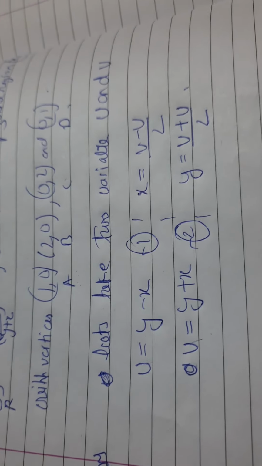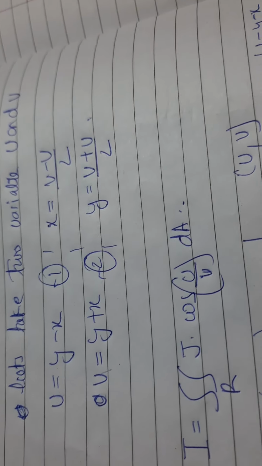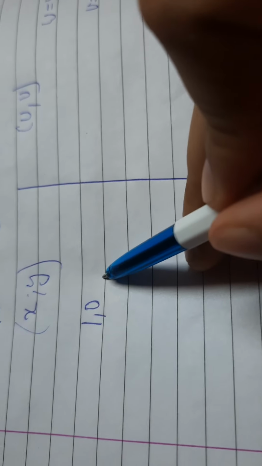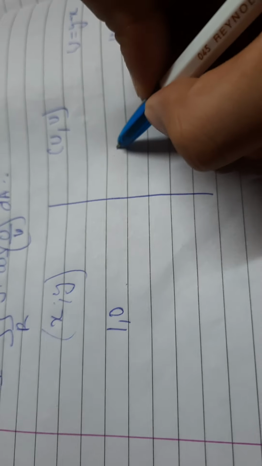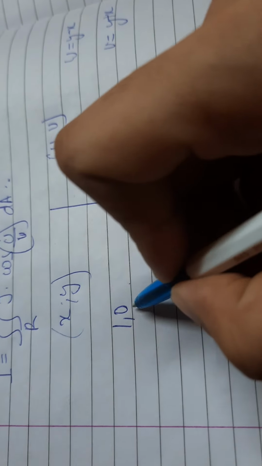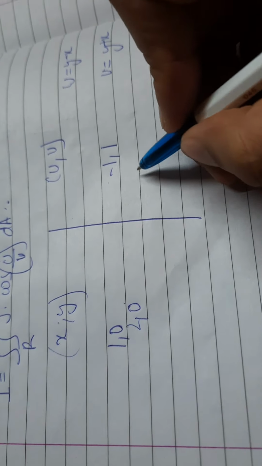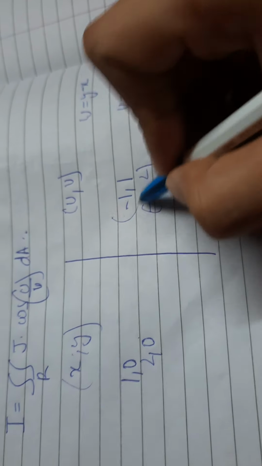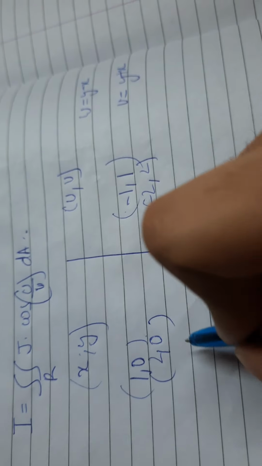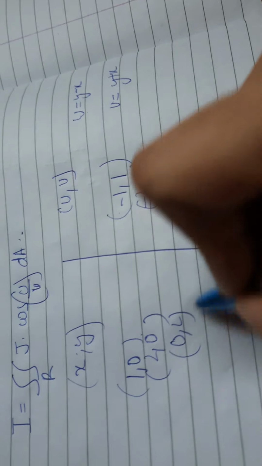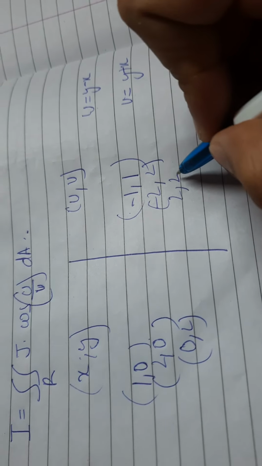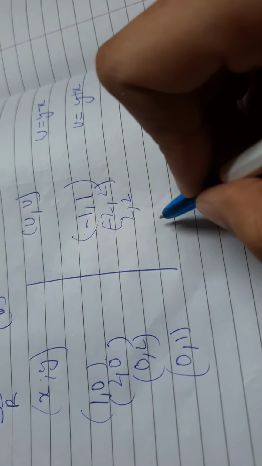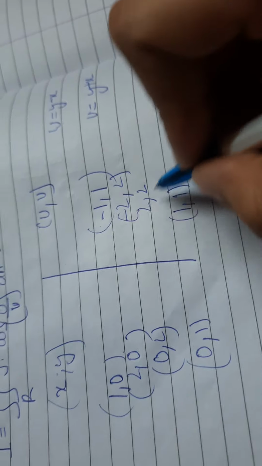The first point (1, 0) will become (minus 1, 1). (2, 0) will become (minus 2, 2). (0, 2) will become (2, 2) and (0, 1) will become (1, 1).